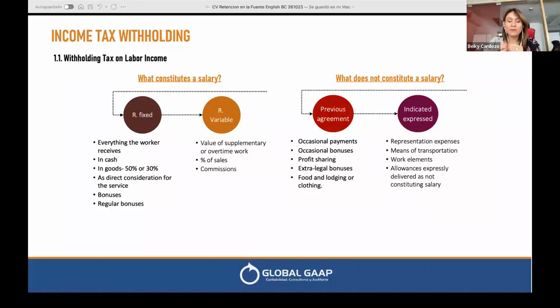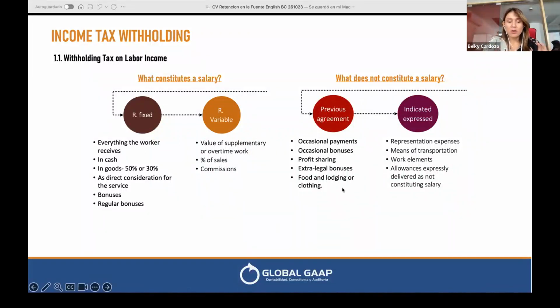Because we want to emphasize that even though these amounts are not part of your salary, they will be part of your income. So super important. So occasional payments, occasional bonus, we call them occasional because you get paid these payments just once a year. Profit sharing, other bonuses, food and clothing.